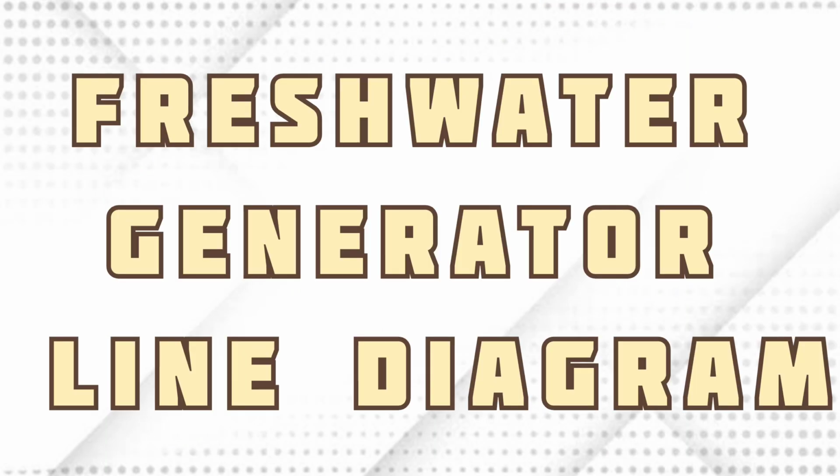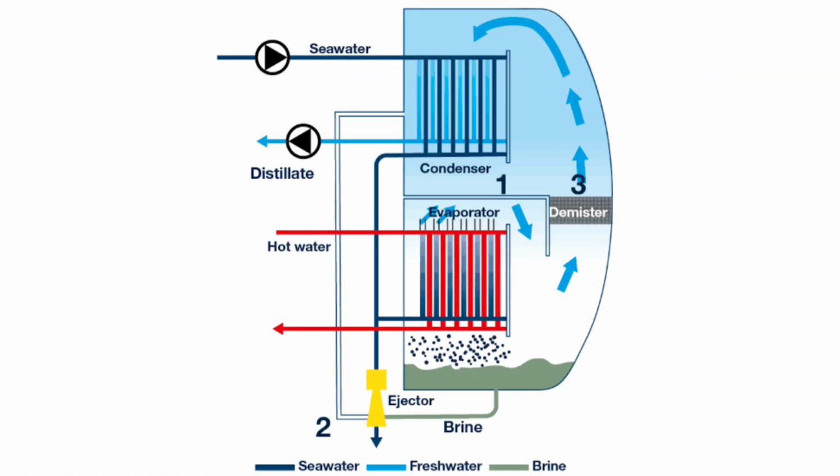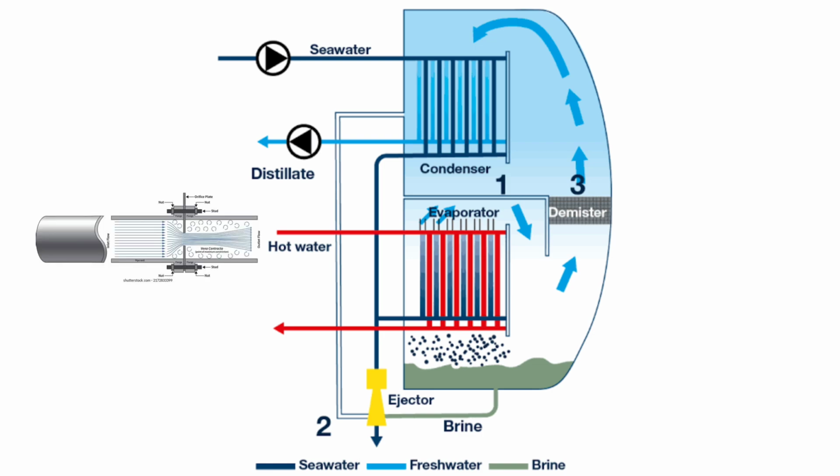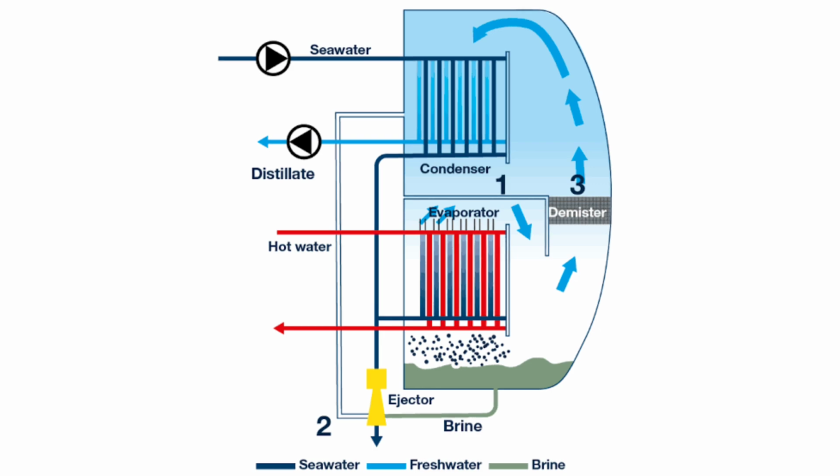Freshwater generator line diagram. While entering to the evaporator chamber, temperature of feed water will be around 50 degrees Celsius. Feed water supply rate to the evaporator is fixed by an orifice fitted at the feed inlet. Because of the vacuum condition inside evaporator, feed water evaporates at this temperature.